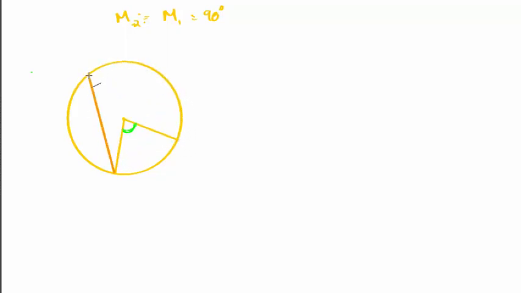So let's just make it simple for now. Looks like a Star Trek symbol kind of. Then the theorem says that if this angle is x, that one will be 2x. So the angle at the center is twice the angle on the circumference.